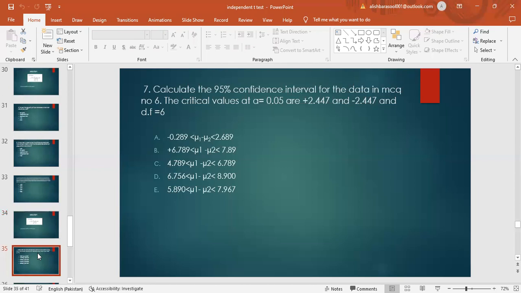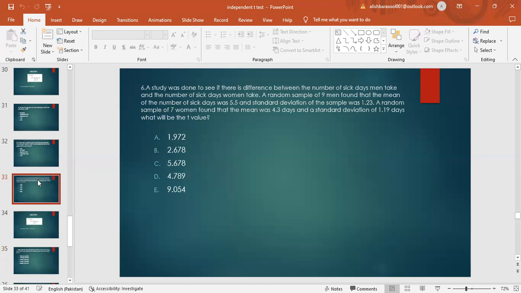Calculate the 95% confidence interval for the data in MCQ number 6. The critical values at alpha 0.05 are plus 2.447 and minus 2.447, and degrees of freedom is equal to 6. So you will have to use these values, and then you will have to calculate the confidence interval.